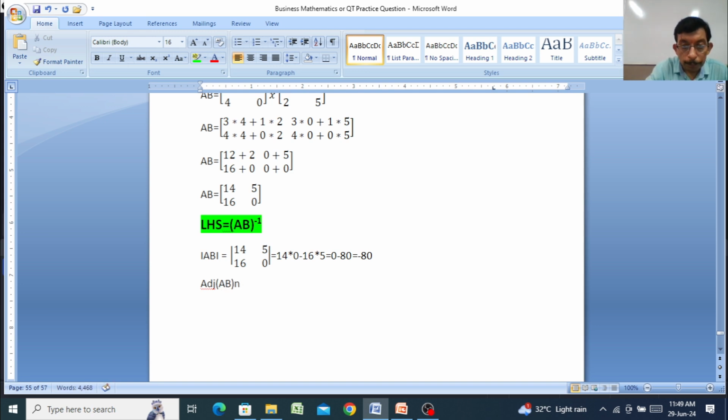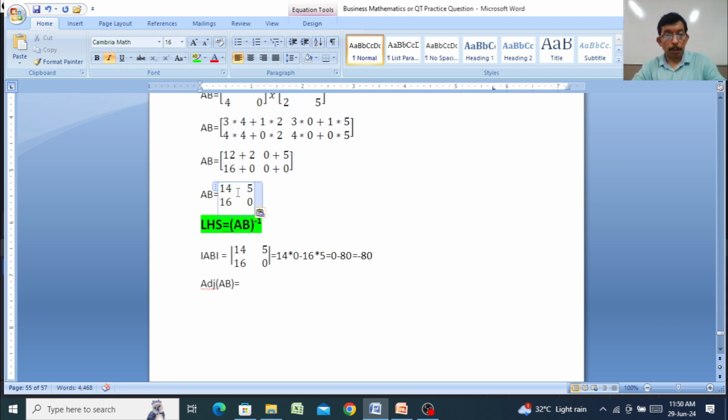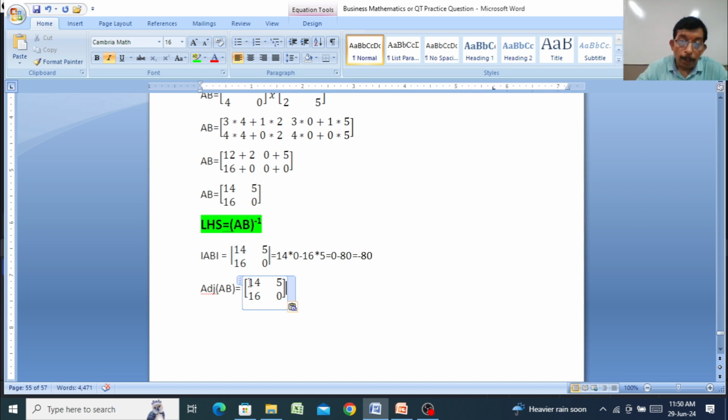Adjoint AB is equal to: interchange the main diagonal elements, 14 replaced by 0 and 0 replaced by 14, and change the sign of the other diagonal elements, 5 replaced by minus 5 and 16 replaced by minus 16. This is the adjoint AB.